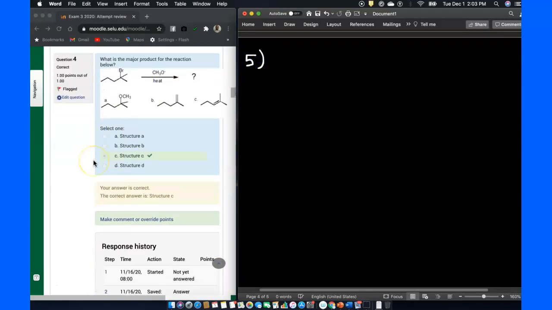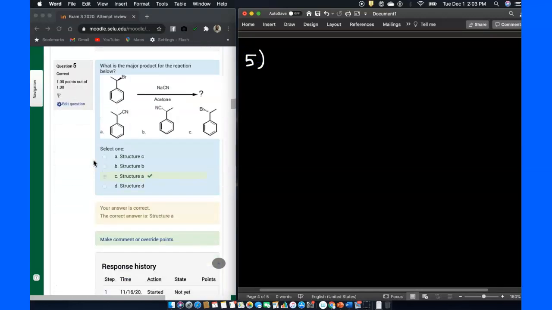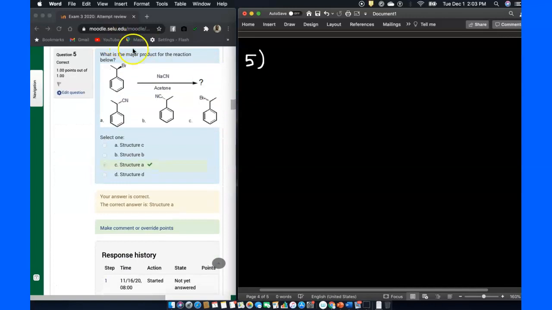Question 5. What is the major product of the reaction below? I see CN. I told you usually CN is a good nucleophile, never wants to play the role of a base. And this is a secondary alkyl halide, so it's likely also to do SN2.